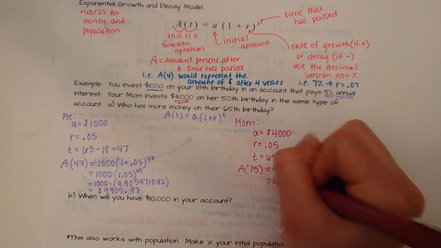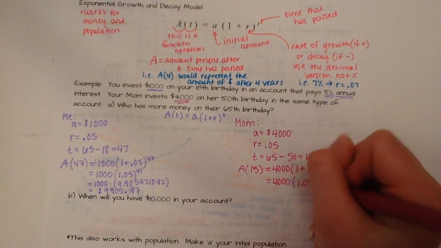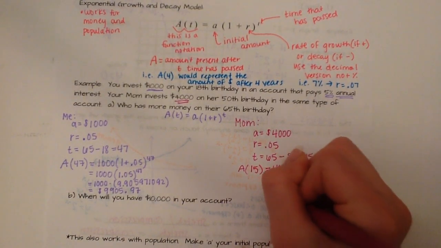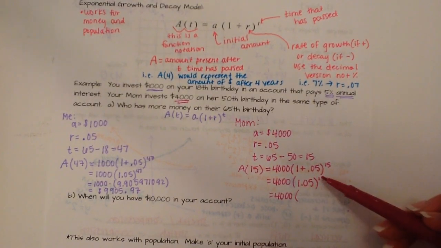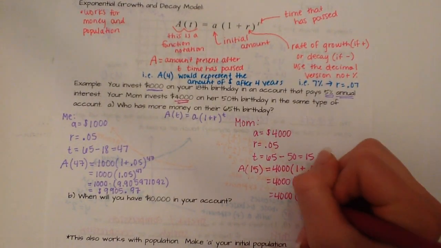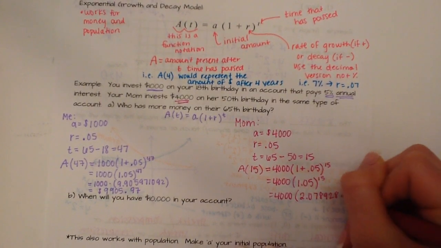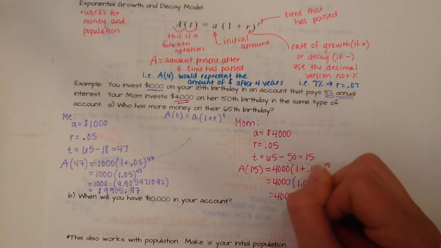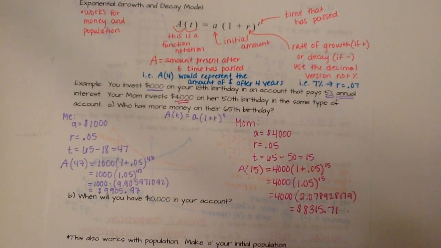So we have 4,000 times 1 plus 0.05 is 1.05, still to the 15th power. So we have 4,000 times, if you take 1.05 raised to the 15th in your calculator, you can get 2.078928179. 4,000 times this decimal will give you $8,315.71.